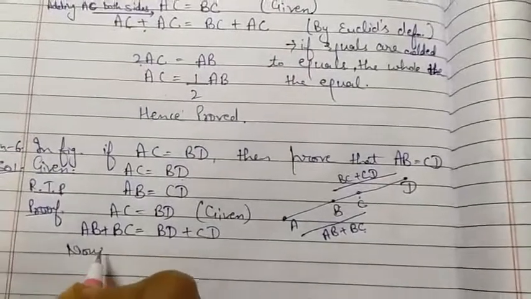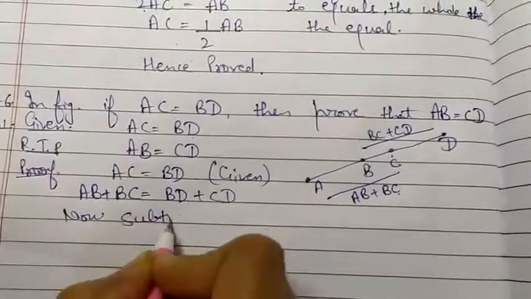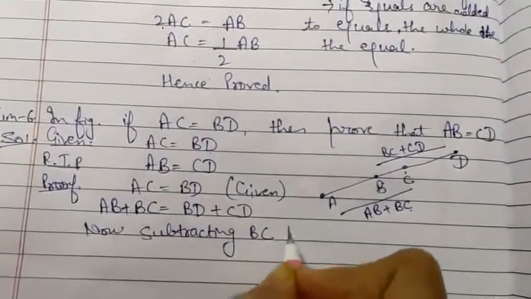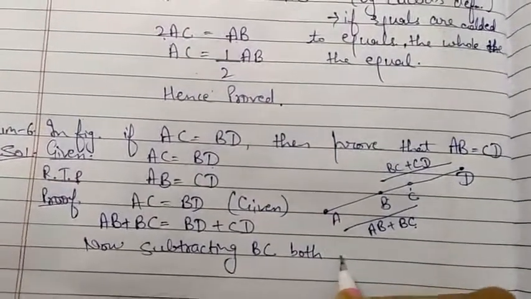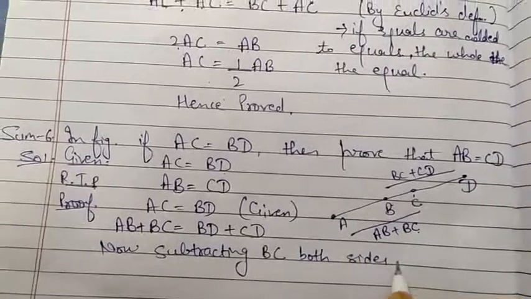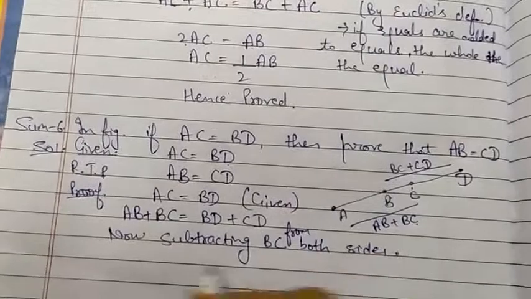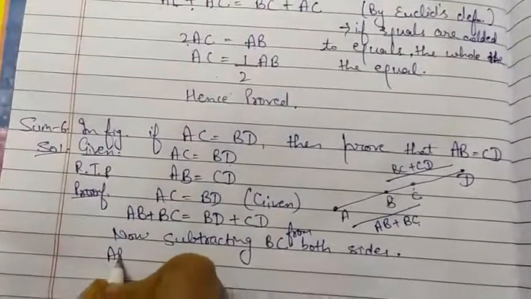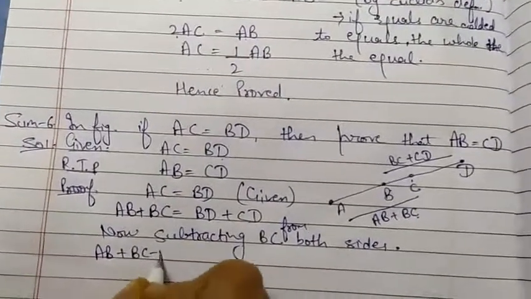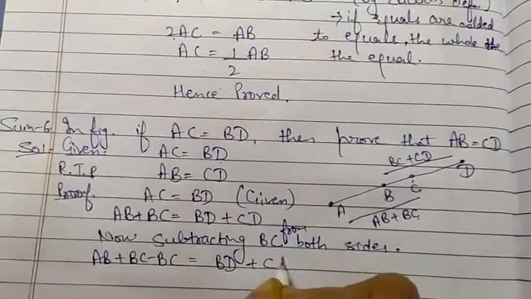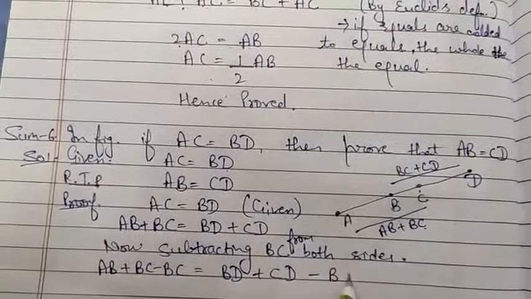Now subtracting BC from both sides, we will get what? AB plus BC minus BC, BC plus CD minus BC.